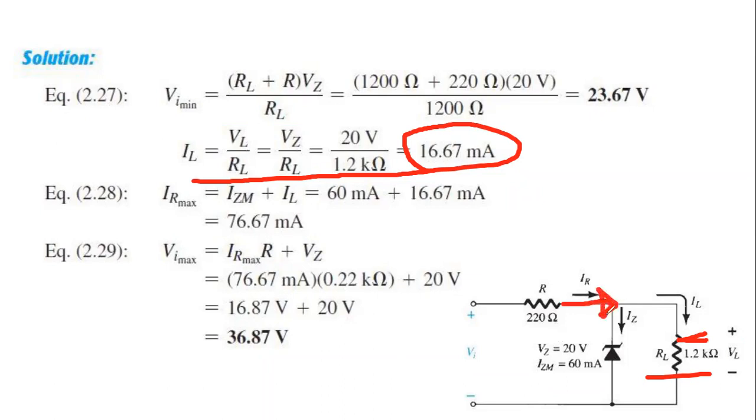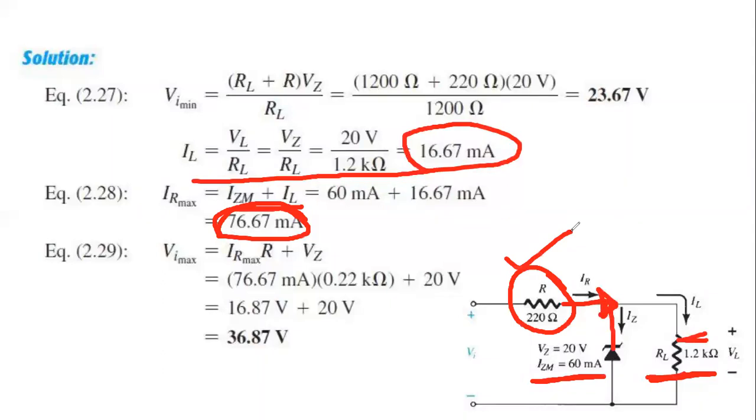It is given here: the maximum current across the diode is 60 milliampere, and we just found the current through RL is 16.67 milliampere. If we sum these two values, we get 76.67 milliampere, which is the maximum current provided by IR. So now we got that.